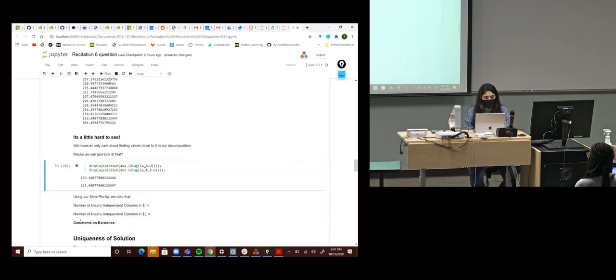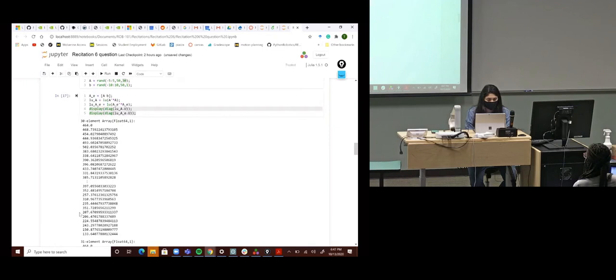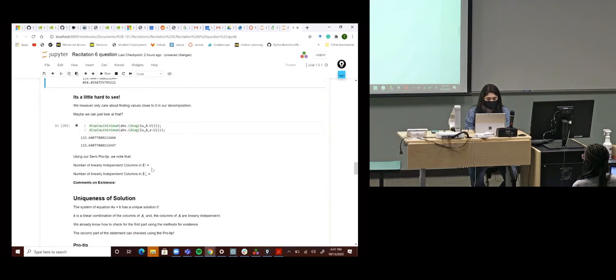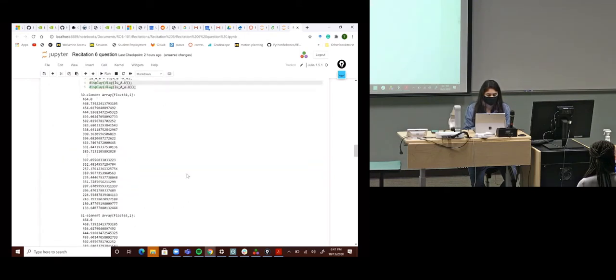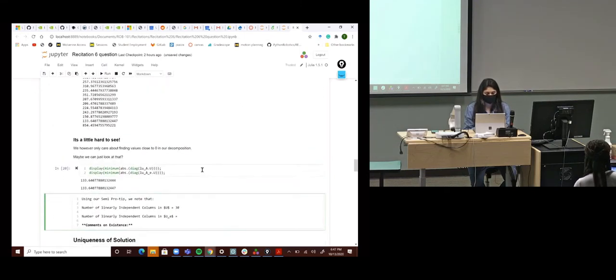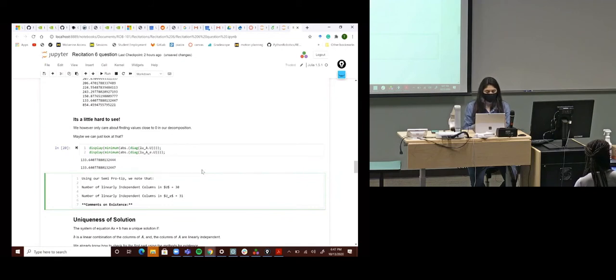So from here, the number of linearly independent columns in A is 30, and the number of linearly independent columns in UE is 31, the one extra from the B. And we say that the solution does not exist again.